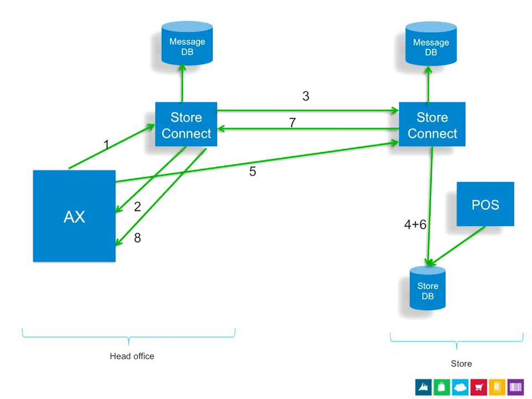So basically, Store Connect writes all the data into this temp table, and SQL will pick up the file and physically import it. One of the reasons we did this is obviously performance. It's much better, much faster than the previous record-per-record insert into the data set in X++.